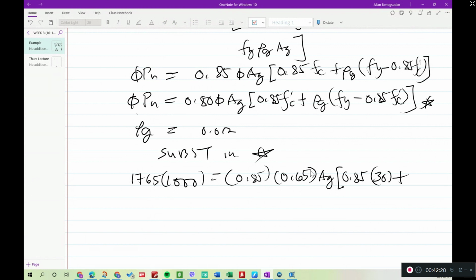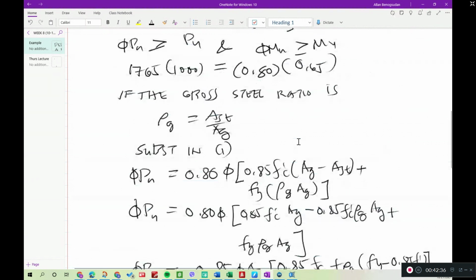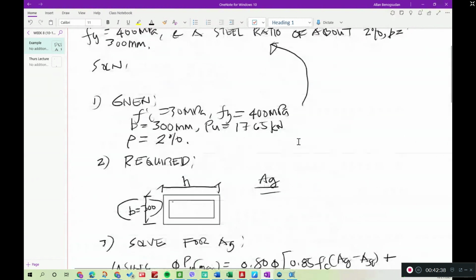Plus 0.02 times, how much is that? Equal 4.